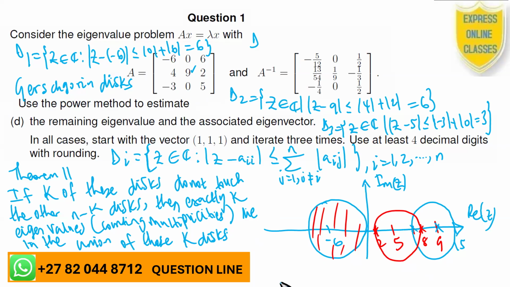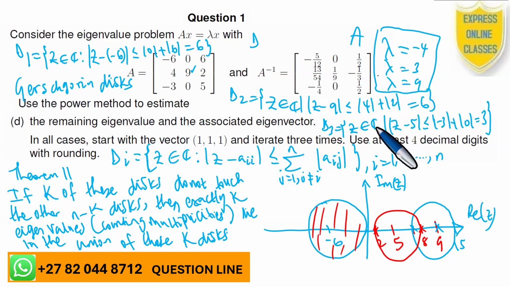Now I want us to remember what we did last time, but also look at where these eigenvalues are going to be. What are the eigenvalues? One eigenvalue was exactly -4, the other was 3, and the other was 9. These were the eigenvalues we found for the matrix A. Now -4 sits somewhere here, which puts lambda equals -4 in this disk.